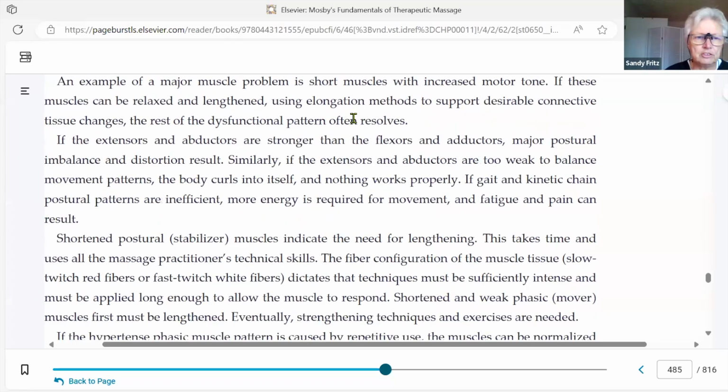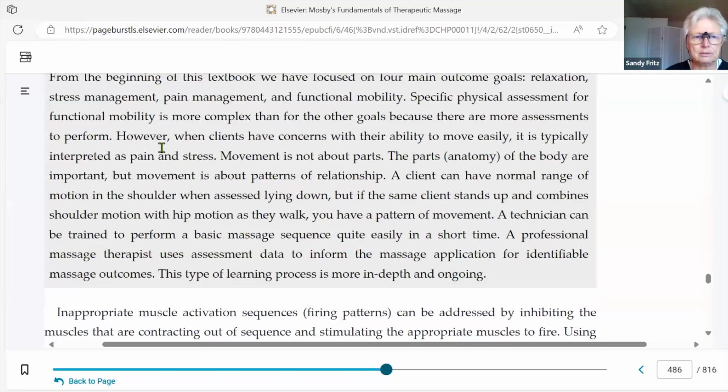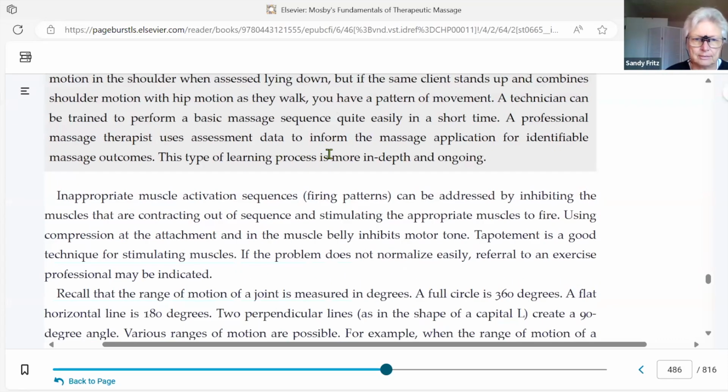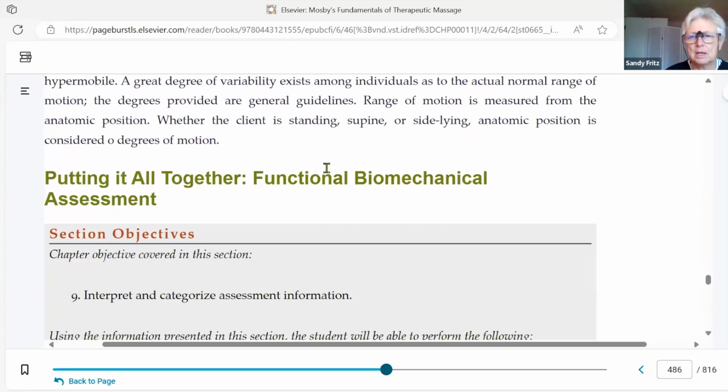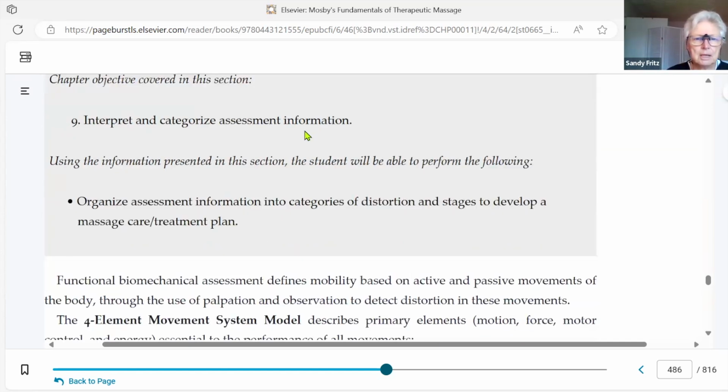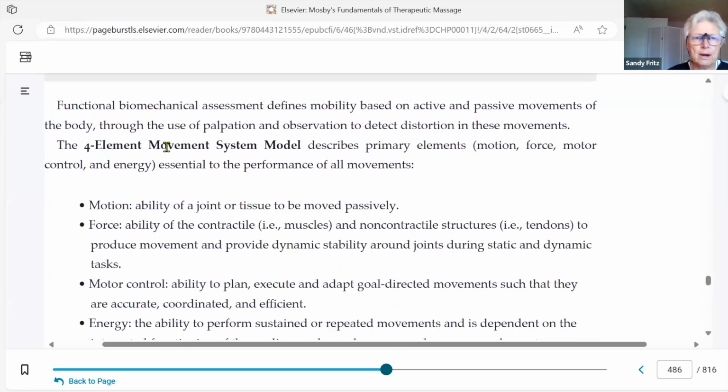So here's your intervention guidelines, and certainly focus on professionalism, always, always, always. And then putting it all together into a functional biomechanical assessment. So we've got the 4-element movement system model here to take a look at. So motion, ability of a joint or tissue to be moved passively.